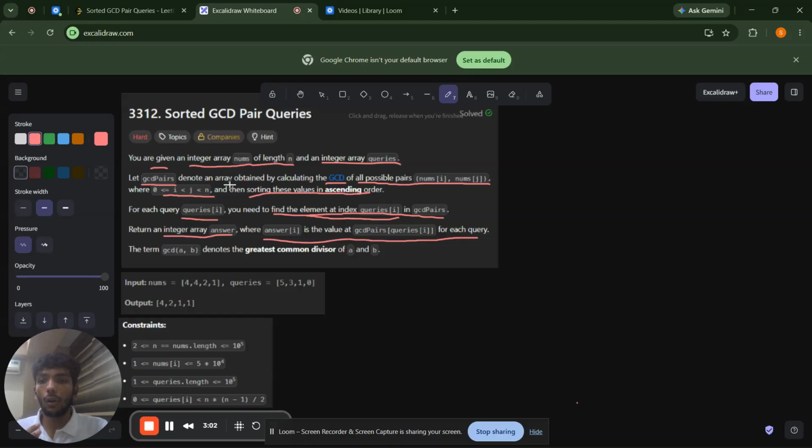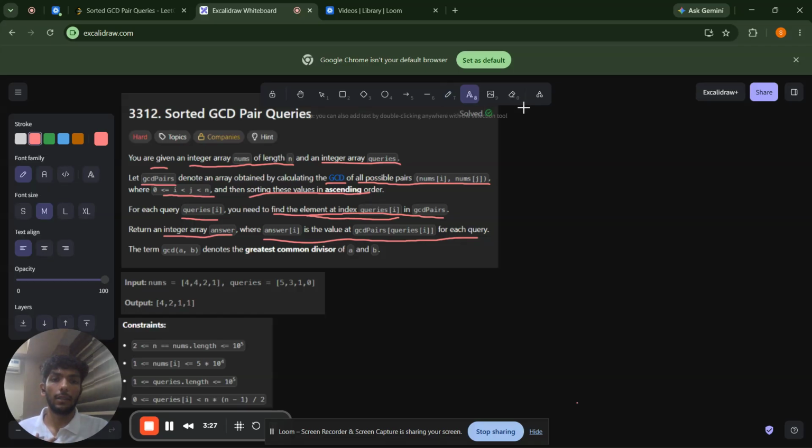Then we sort the formed array in ascending order. For each query, we are given an index and we need to find the GCD present at that index in the GCD pairs. We store those answers in an array and return that array. It looks very simple. Let's take one example.